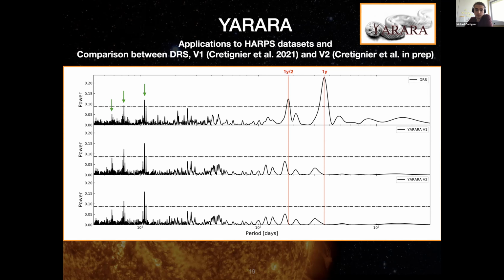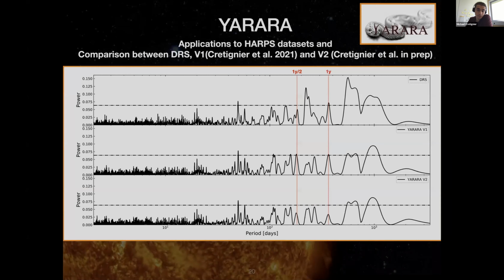And what you can see is that, for instance, for this star, we really strongly suppress the 1 year and 1 year over 2 periods, whereas the Keplerian signals are boosted by the green arrow. Here is another example, the star that I showed you before, just to show you that the power at 1 year and 1 year over 2 is now completely removed in YARARA V2. And you can see that the periodograms on the top and on the bottom are completely different. So clearly you will get a different planetary system at the end when you perform your fits.